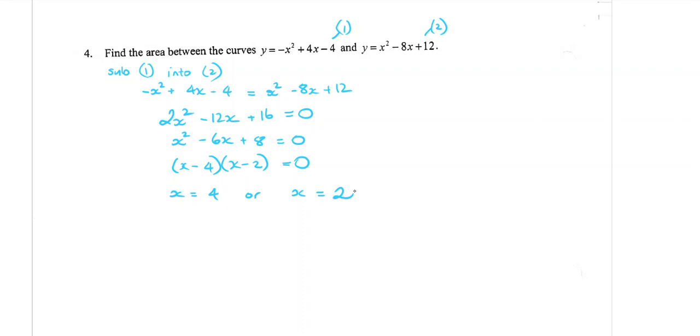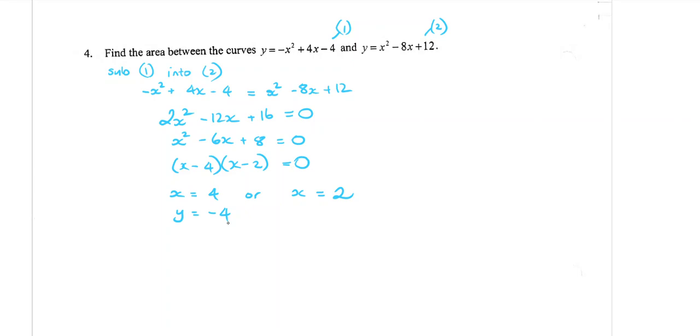Oh, they're both pretty nasty this time. So put it in here. You're going to have minus 4 squared, that's minus 16, plus 16 minus 4. That's just minus 4. Then subbing in 2 would be negative 4 plus 8, so 4, minus the other 4.